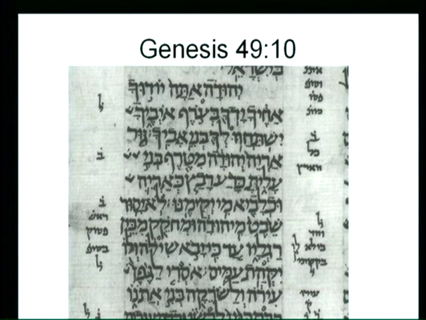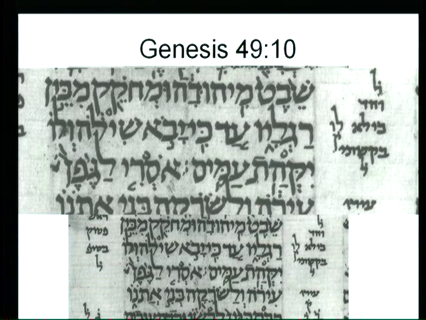And this is looking at some of the pictures of the manuscripts with regard to Genesis 49:10 and the Masorah Parva in the margin. And you can see here how it's expanded. And all the way through here, it is the indication that Shiloh is to be maintained as it is.